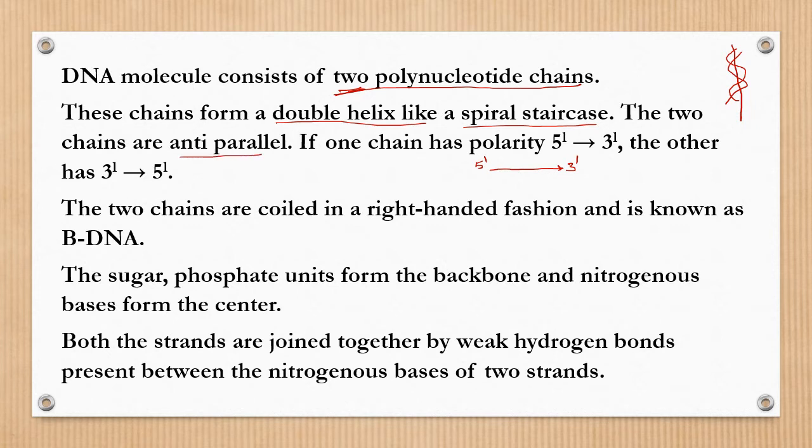That is, parallelly present but against each other. That means one is present 5 to 3 and the other 3 to 5. Anti-parallel: one is present in this direction and the other in this direction.